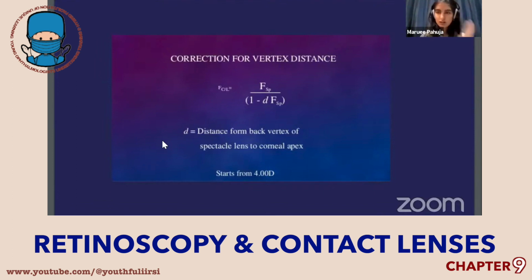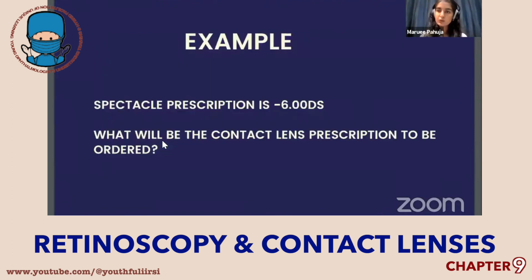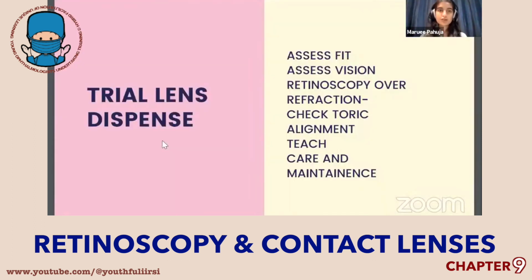When you put all the readings into the formula, you will end up with a -5.53 diopter prescription for contact lenses. Now, there's no lens that is available as a -5.53 diopter. In that case, the closest power is, of course, -5.5. So you will end up prescribing a -5.5 diopter to the patient.